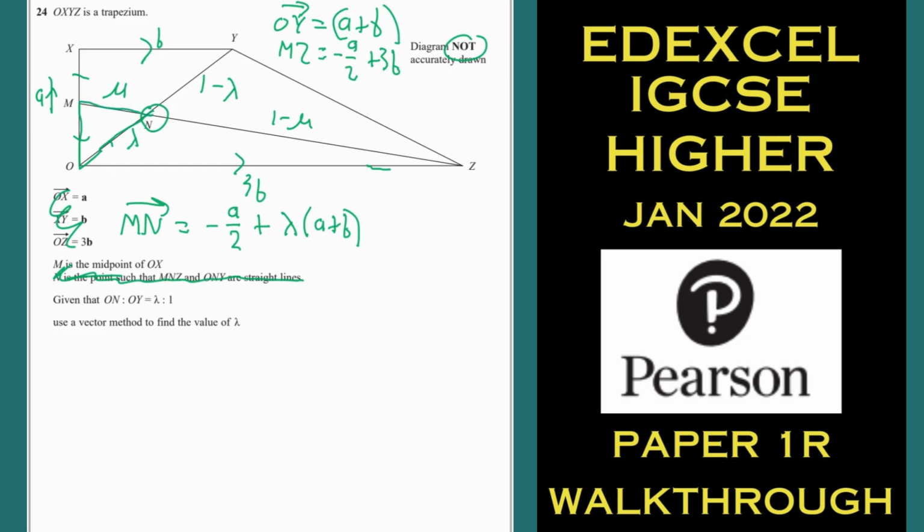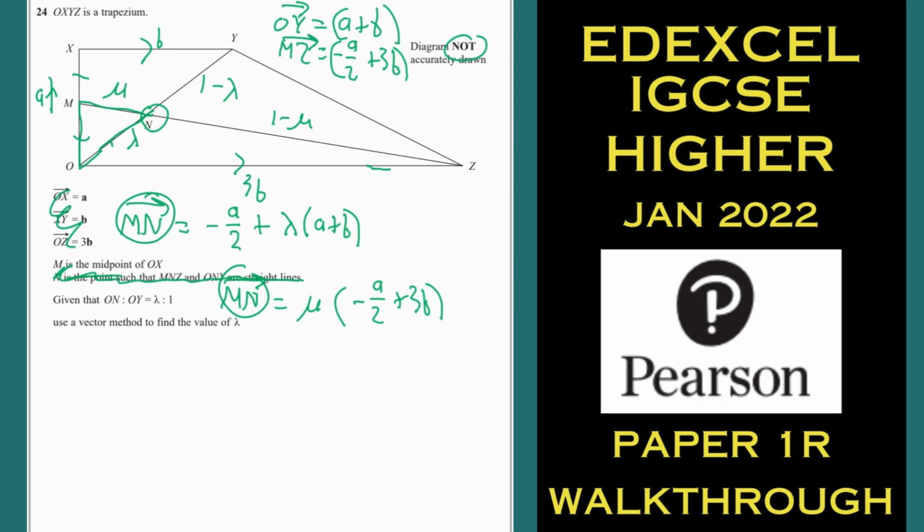Now that's a fraction of M to Z, which is why I kicked off with that. Another way of getting from M to N is that way, and that is mu lots of M to Z, so minus a half A and 3B. So you have two routes of getting from M to N.